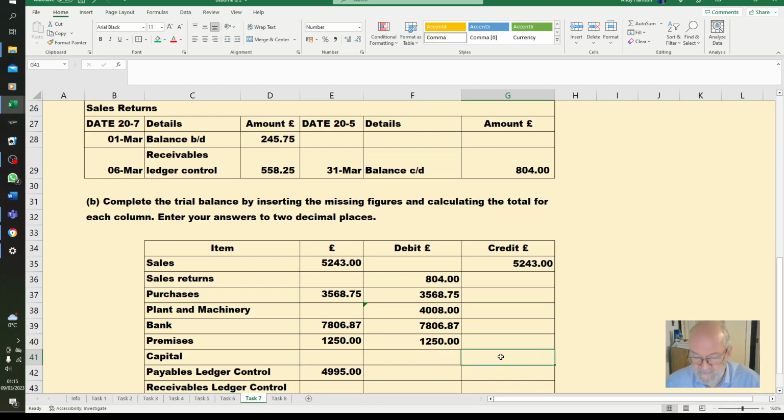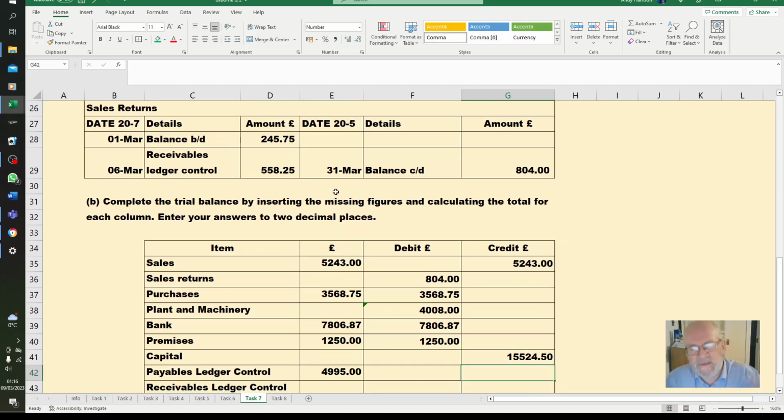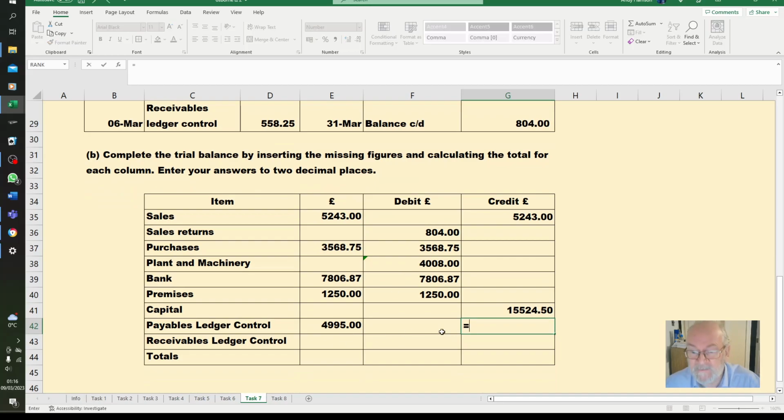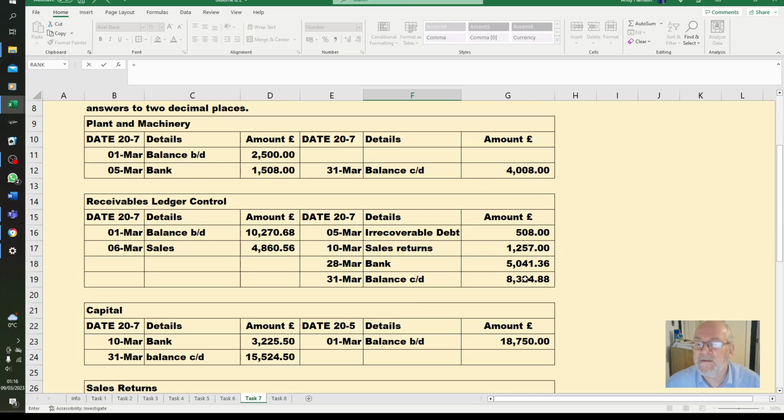So capital is a credit entry. There's our capital balance. Suddenly had to switch round a bit, could get caught out there. And this is a liability because we owe money to our suppliers, and then we're owed money from our customers, and our new balance is here.